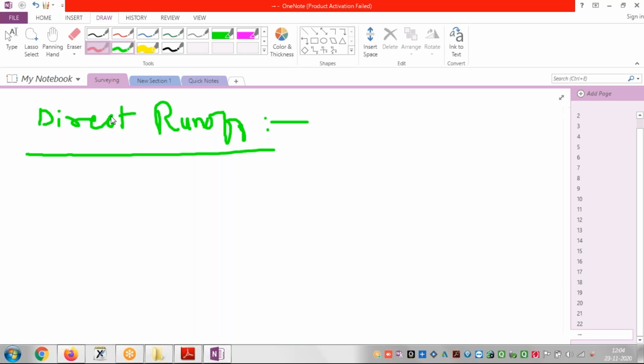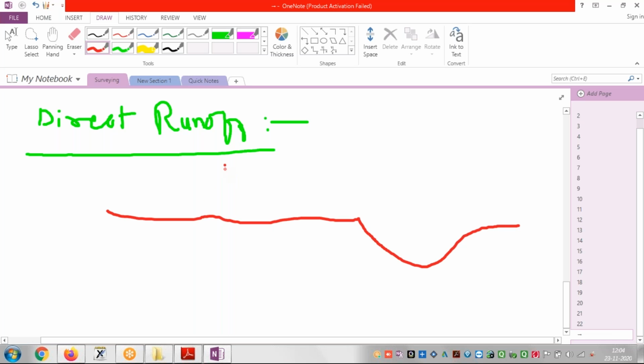For example, this is our earth surface. Precipitation occurred here, and you will see that there is water in the river. Some part of the water comes into the soil here.